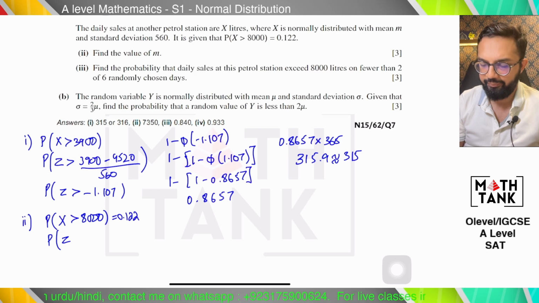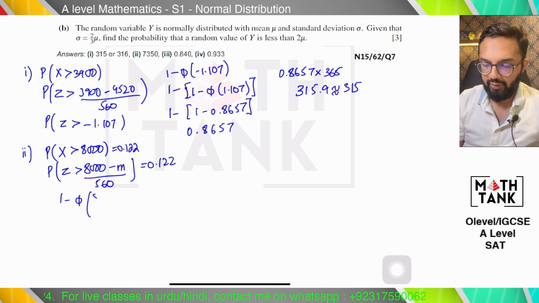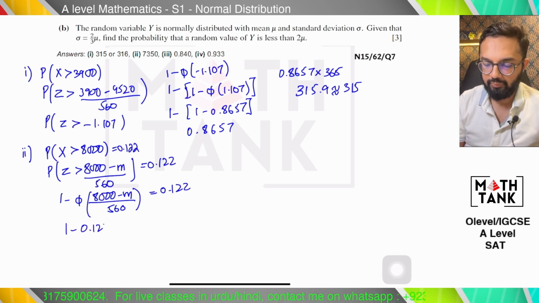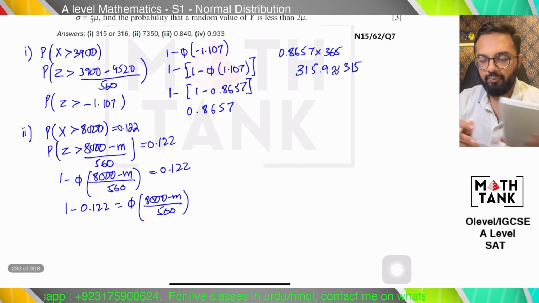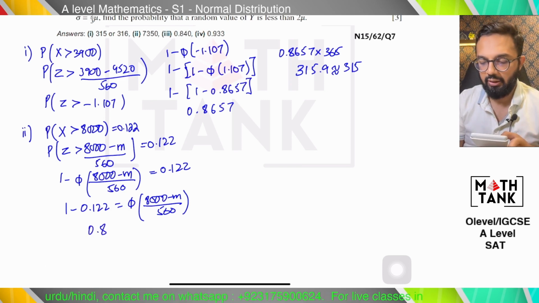Find the value of m. 1 minus phi of 8000 minus m over 560 is 0.122. Okay, 0.878.